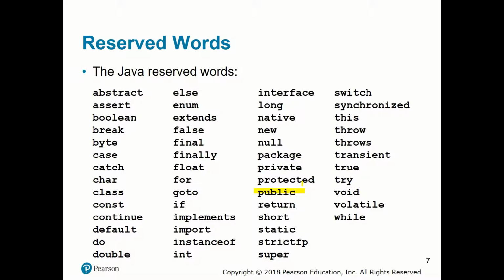While we write the main method, we always write public static void main. So these words are reserved words, and we cannot use them as identifiers. You will learn these reserved words soon, one by one, while taking this class.